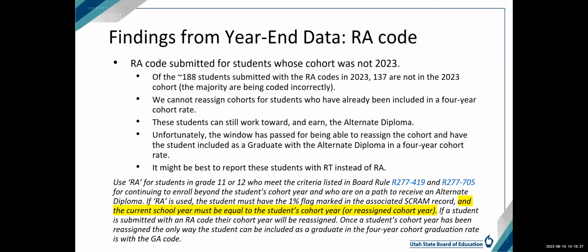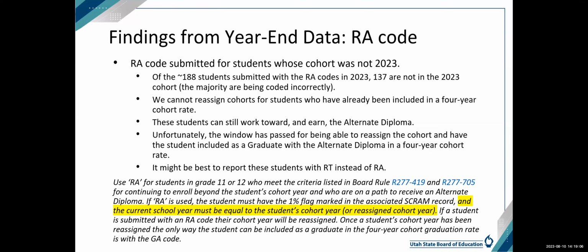And then some more findings with regards to the RA code. There were RA codes submitted for students whose cohort was not 2023. Of the about 188 students submitted with the RA codes in school year 2023, 137 are not in the 2023 cohort, which means that the majority of these students are being coded incorrectly.